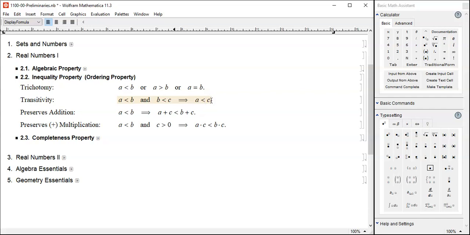Transitivity, that's easy. A is less than B, B is less than C. Then, of course, A is less than C. Preserving the addition: if you add the same number to both the left-hand side and right-hand side of the inequality, we have the same inequality. Same goes for multiplying by a positive number. But if you multiply by a negative number, that's a little bit different story. I hope everybody remembers.